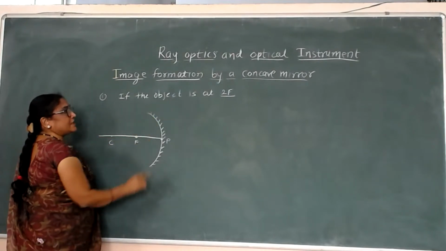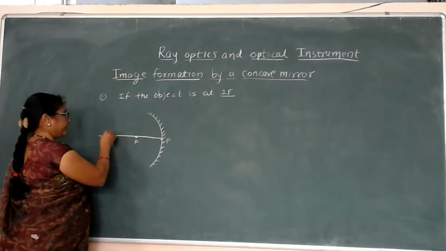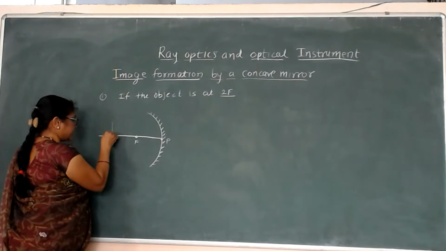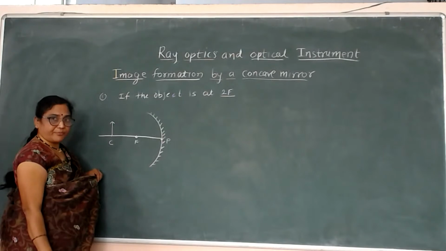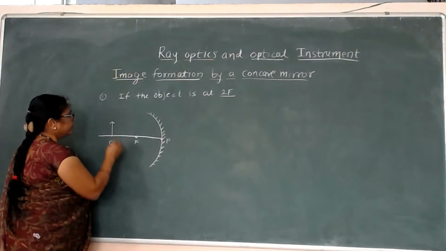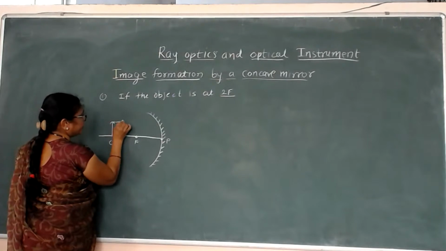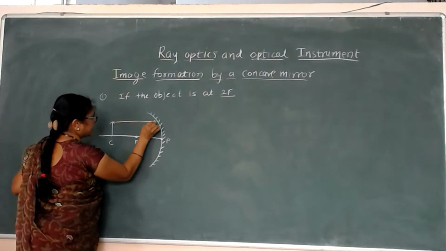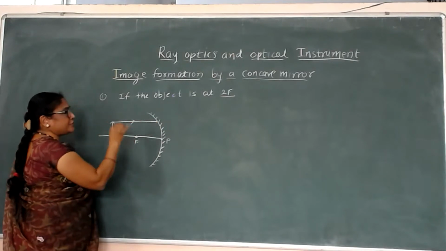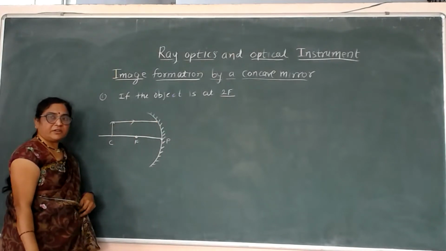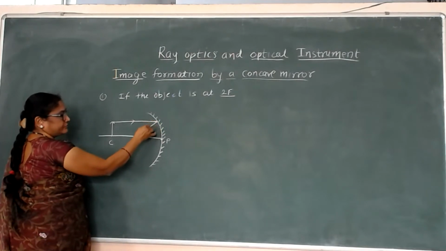Here the object is situated at 2F. If the extended object is situated at the center of curvature, to draw the image formation, take the first ray which is incident through the center of curvature on the mirror, which obeys the laws of reflection and the ray is reflected back.